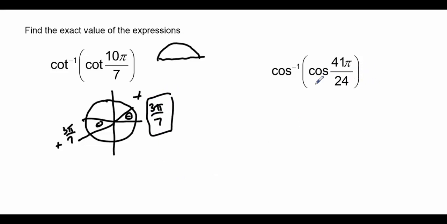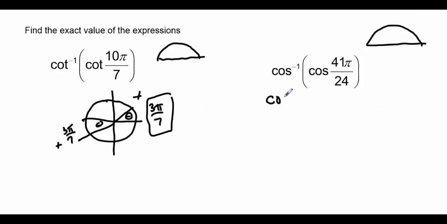Now in this case, I note that I'm talking about cosine. So again, since I'm talking cosine, somewhere between 0 and pi. Don't know what the cosine of 41 pi over 24 is.